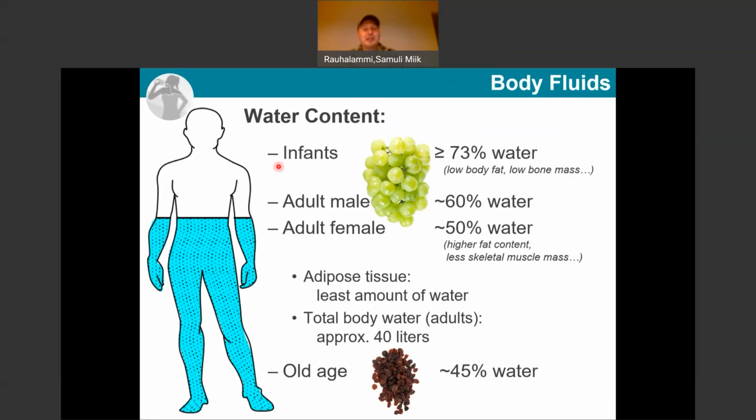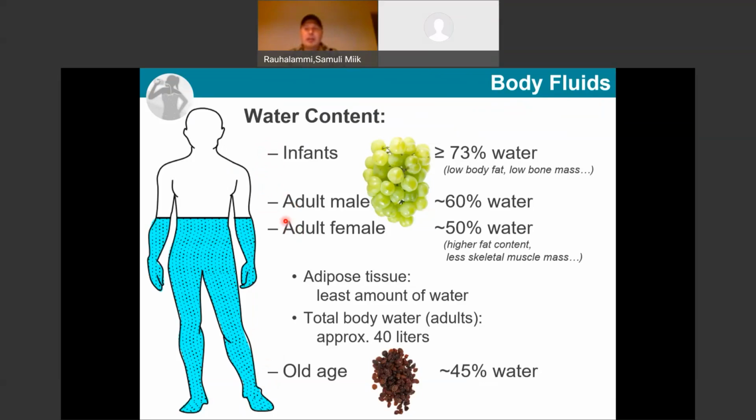There's also differences in water content in one's body. So let's start by looking at this sex difference first. For males, a little bit larger percentage is going to be made of water, about 60%, whereas for the females, it's going to be around 50%.